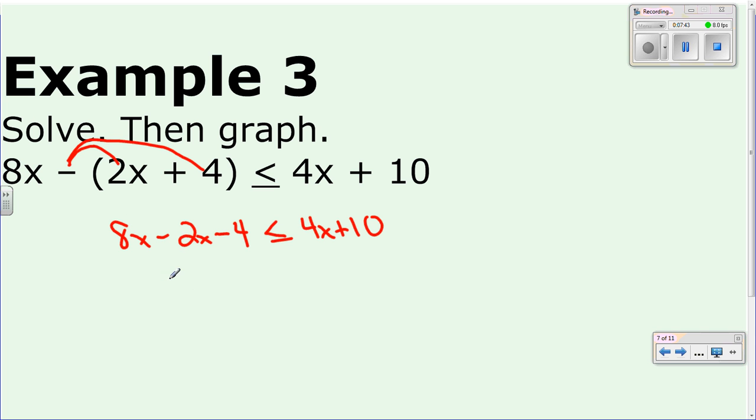Then 8x minus 2x gives you 6x. Remember, we didn't cross over the line, we're just combining those two. 6x minus 4 is less than or equal to 4x plus 10. Now I'm going to subtract 4x from both sides.